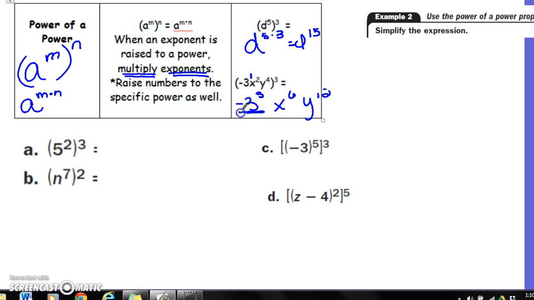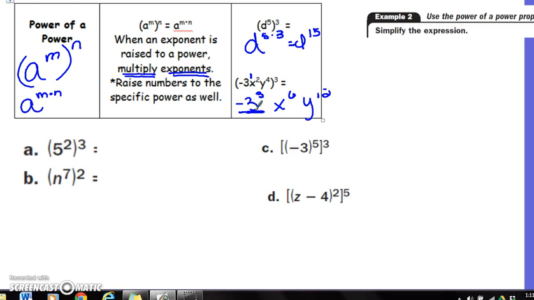But you can solve negative 3 cubed. It's negative 3 times negative 3 times negative 3. What does this give you? 9. That will give me 9. What's 3 times 3? 9. Times another 3. 9 times 3. 27.